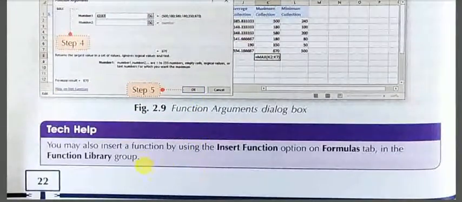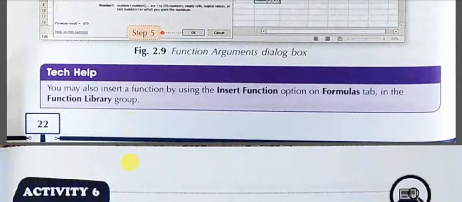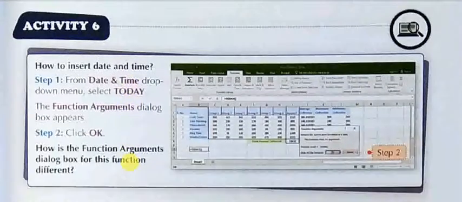The next, you may also insert a function by using the insert function option in the formulas tab in the function library group. The next, how to insert date and time: from the date and time drop down menu, select today, and today's date will be inserted.